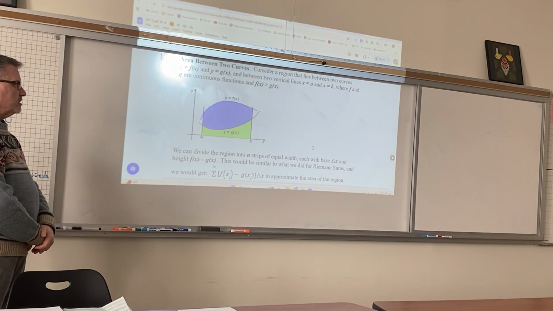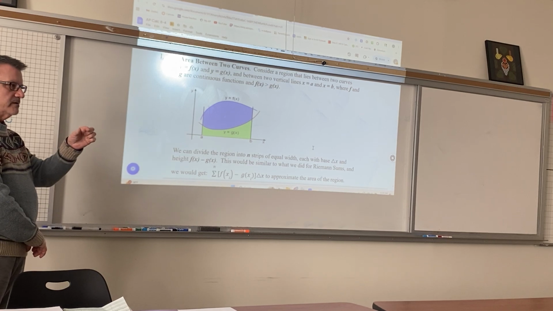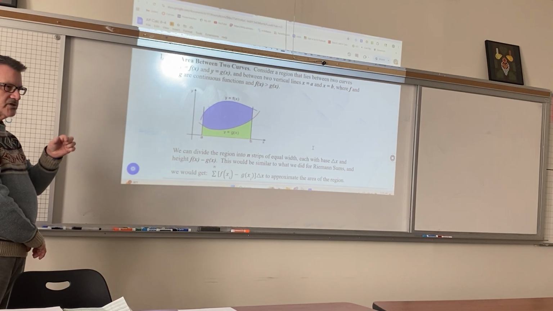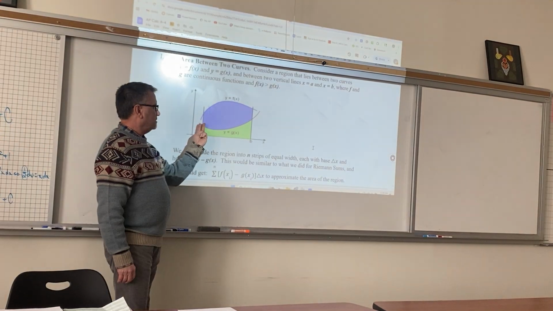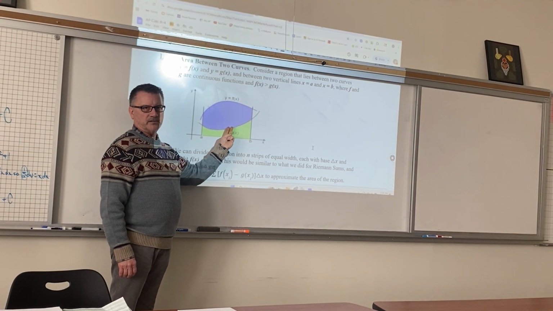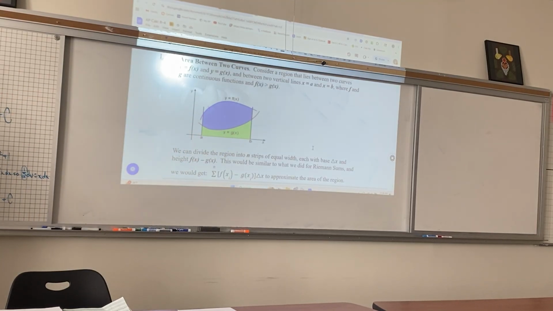Well, one thing we can do is divide that region into a bunch of strips of equal width, each with the same width base, so the change of x would be the same. And then we could figure out all of these so-called rectangles in here and add them up, and that might approximate that area.